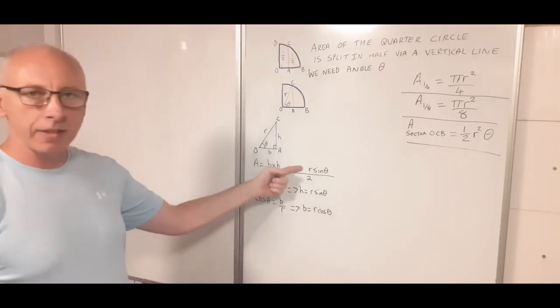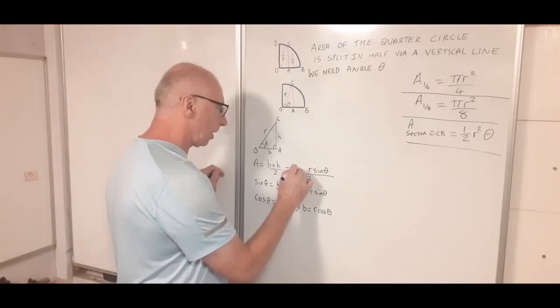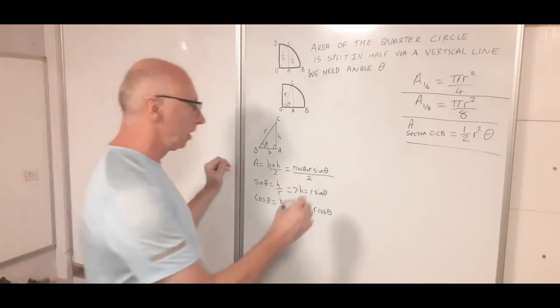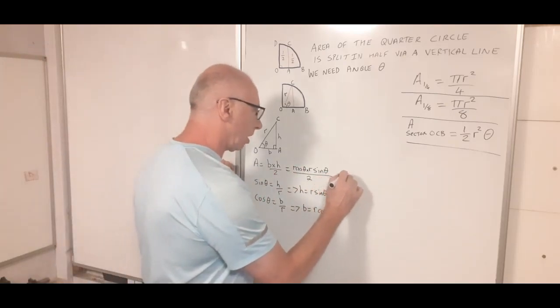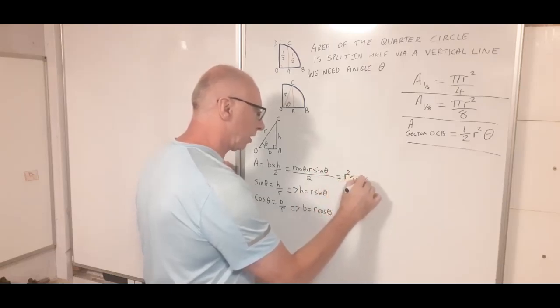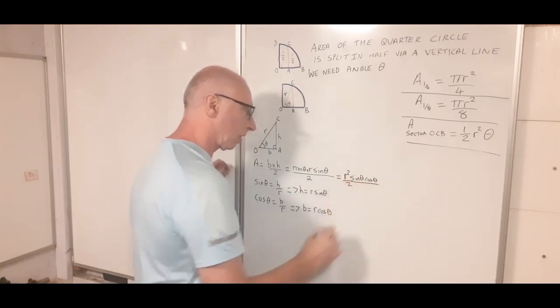Now if I put that in there, I've got a term which can represent the area of my triangle. Simplifying that, I've got r squared sine theta cosine theta over 2, so the whole thing's over 2.